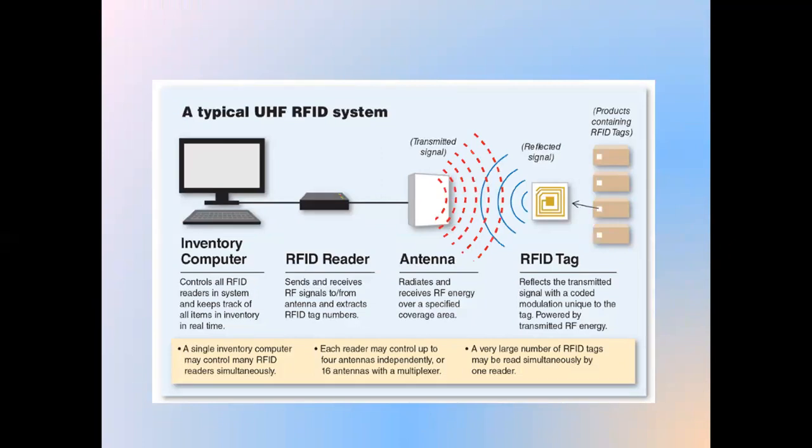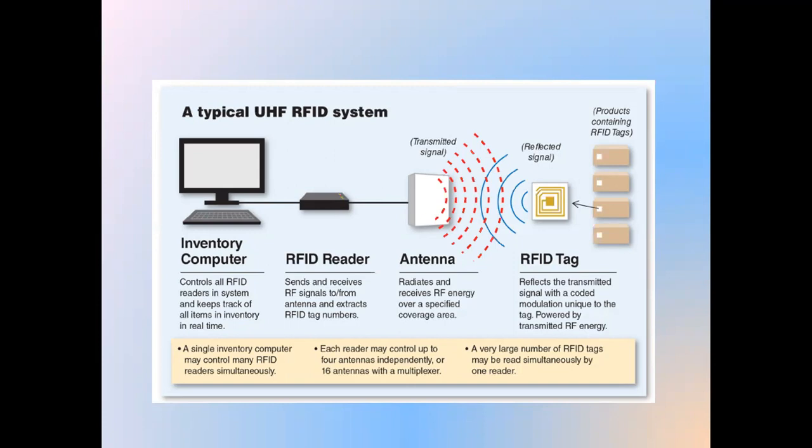Here the functions of all the components are mentioned in detail: inventory computer, RFID reader, antenna, and then RFID tag. Inventory computer controls all RFID readers in the system and keeps track of all items in inventory in real time.